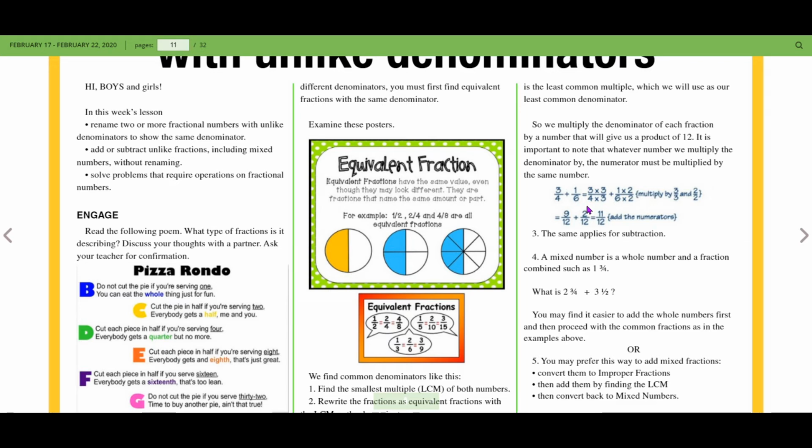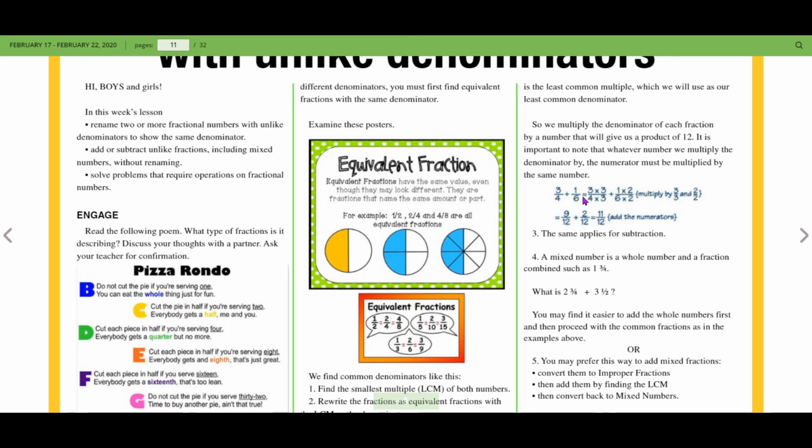Now I need to get 4 to become 12, so I'm going to multiply by 3. And if I multiply the denominator by 3, I need to multiply the numerator by 3. So this would be 3 times 3 over 4 times 3, plus, what do I need to do to 6 for it to become 12? I'll multiply by 2.